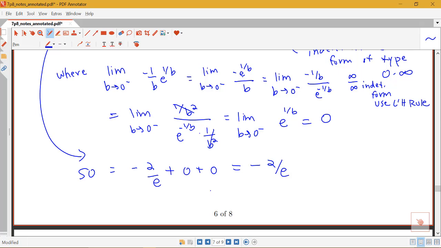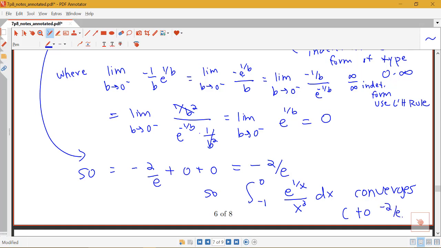So we can conclude in this case that our integral, which we were asked about, which was the integral from negative 1 to 0 of e to the 1 over x cubed dx, converges. We can also specifically say it converges to negative 2 over e.